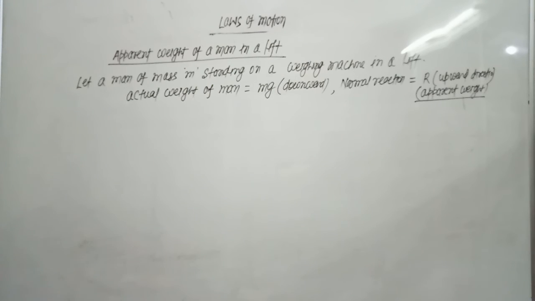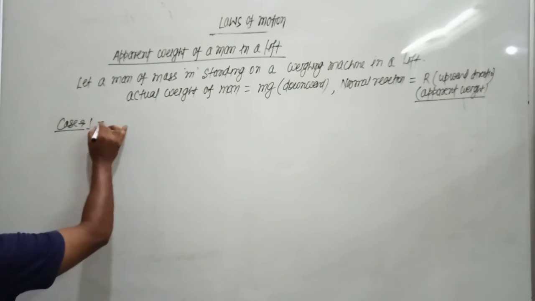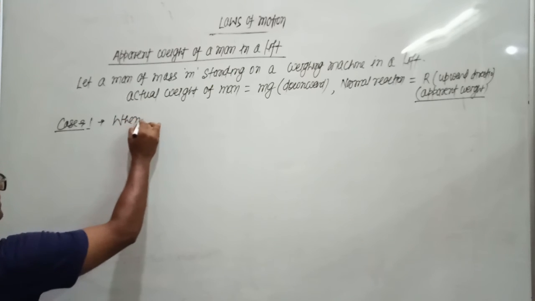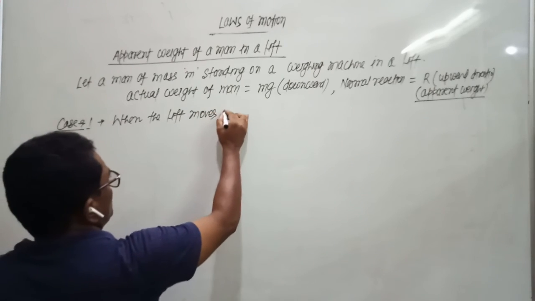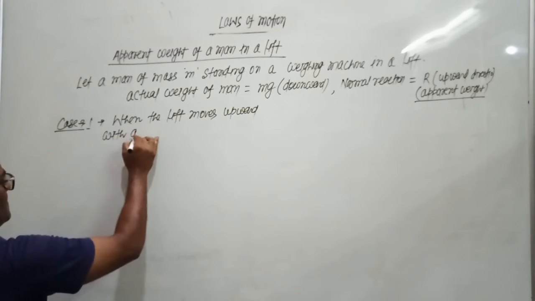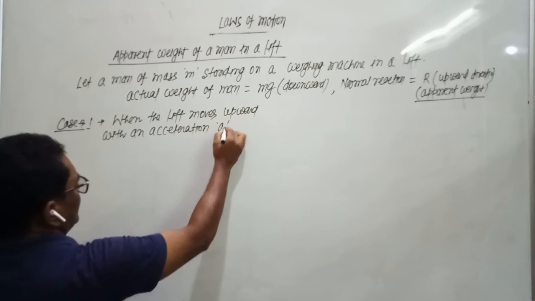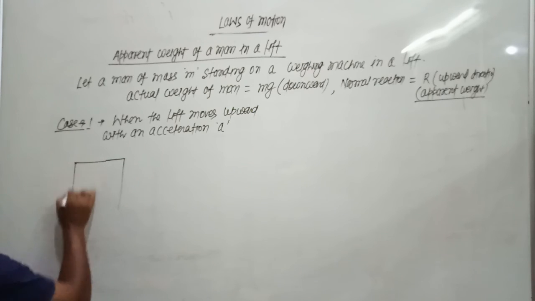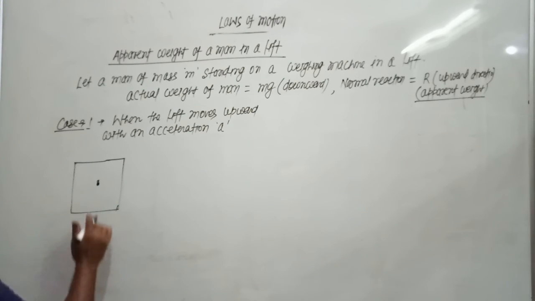Now the first case which we discuss is when the lift moves upward with an acceleration A. The man is standing in the lift on a weighing machine.